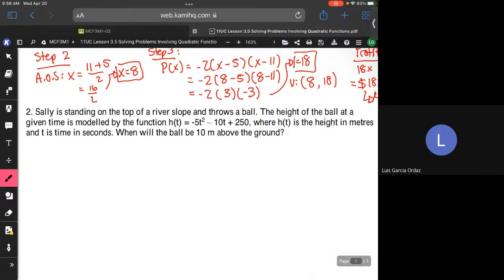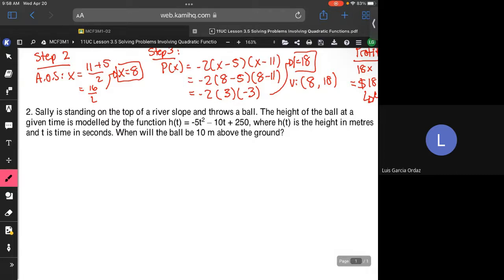So our girl Sally is standing on top of a river slope and throws a ball. The height of the ball at a given time is modeled by the function h of t is negative 5t squared minus 10t plus 250, where h of t is the height in meters and t is the time in seconds.